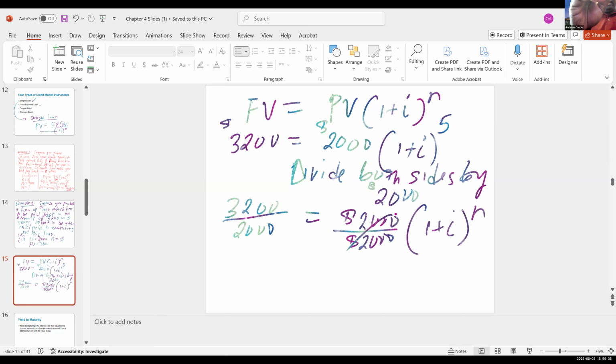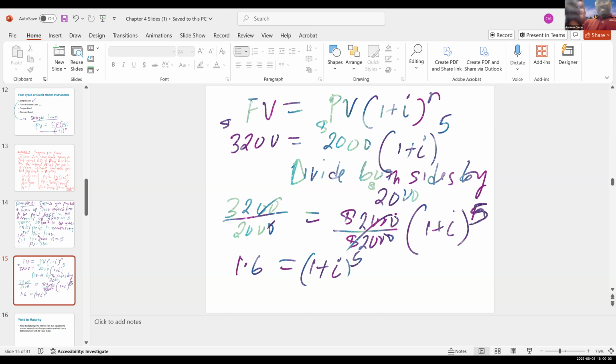So this cancels. So 32 divided by 20, what do I get? You're going to get 1.6. So this is 1.6 must equal (1 plus i) raised to the power n, where n is 5.